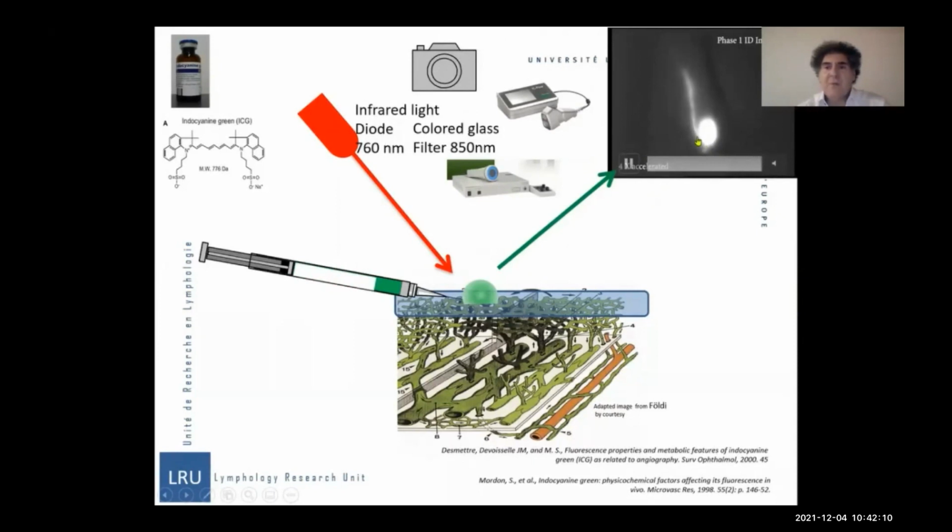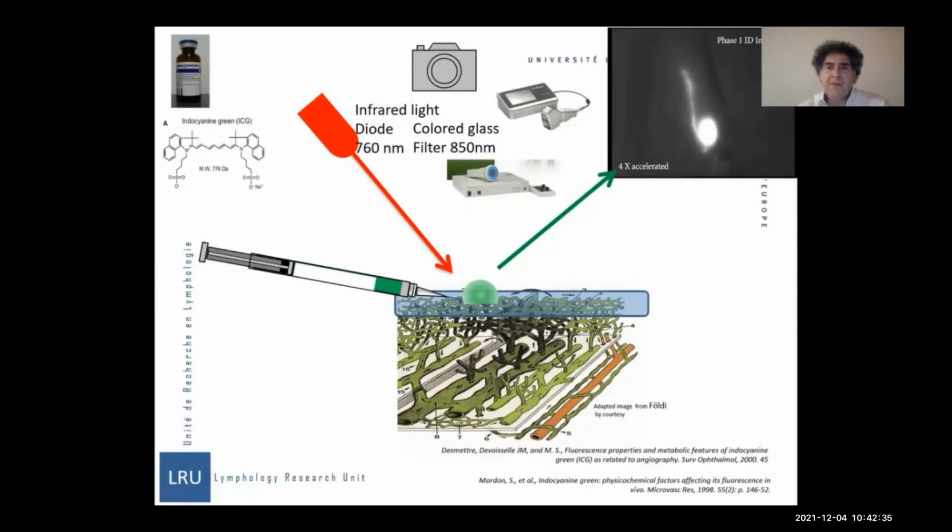You see the injection point. And very quickly after the injection, we can see a lymphatic collector. As well, we can also guess the position of the lymphangions at the place where you have this chain image. And these are the different lymphangions that we see appearing in the fluorescence.